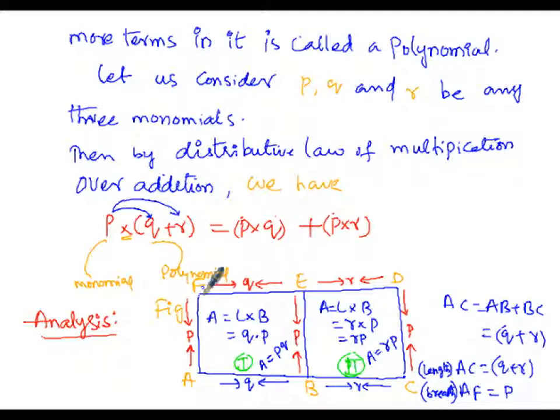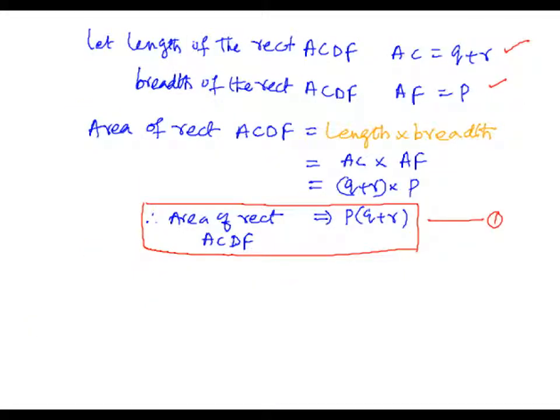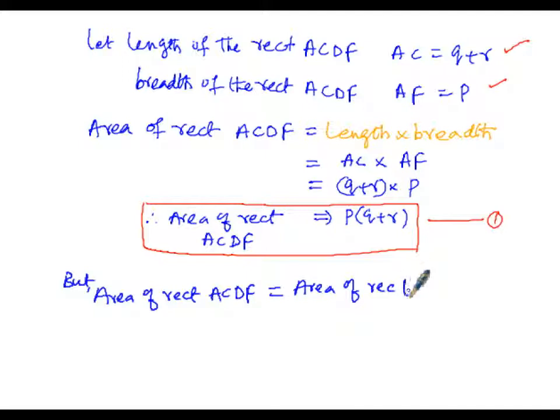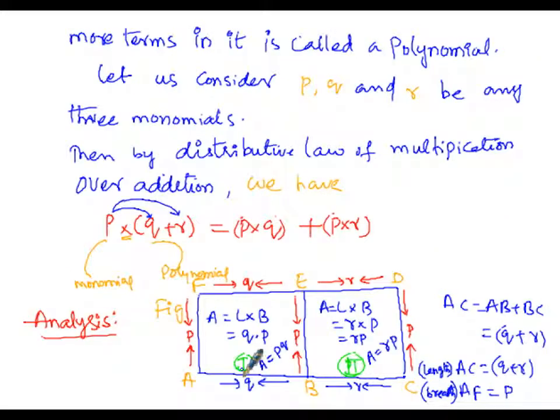So the area of the big rectangle ACDF is equal to the area of rectangle 1 plus the area of rectangle 2, whereas as per the figure the area of the first rectangle is nothing but PQ and the area of the second rectangle is nothing but RP.